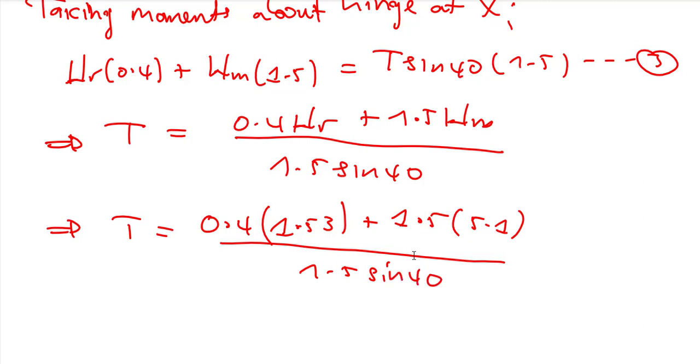Okay, so let's punch that in and see what it gives. 0.4 times 1.5 plus 1.5 times 5.1, divided by 1.5 sine 40.